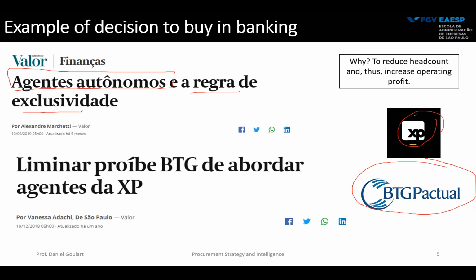From night to day, XP dismantled one important item of cost in their income statement, which is headcount with commercial team. From night to day, they vanished this cost because the agentes autônomos only got money when they sold products.